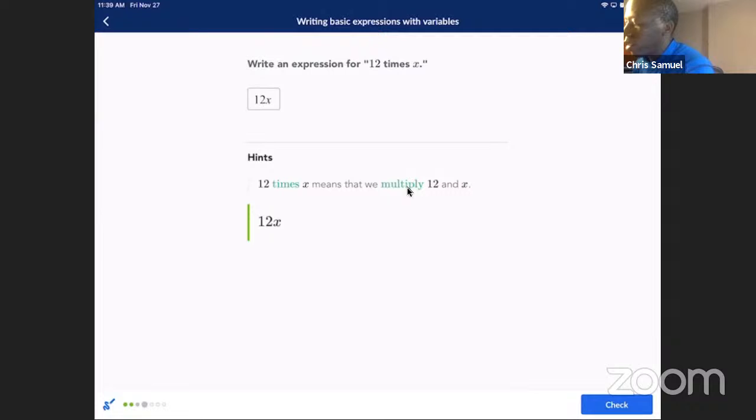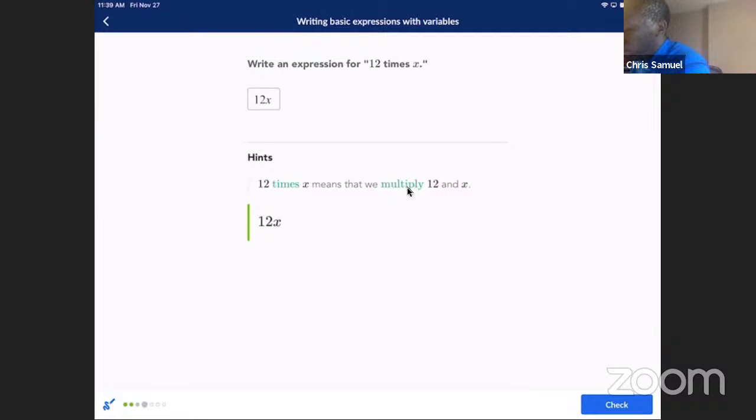Here's another one, 7 divided by c. Write an expression for 7 divided by c.